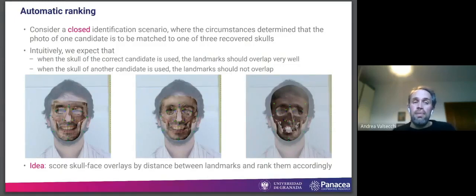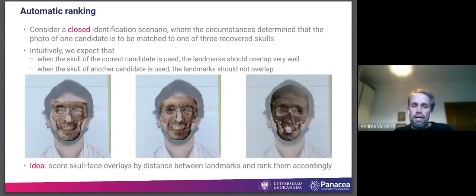So the intuition behind our method is that when we consider the correct skull, the skull of the candidate, the overlap between the landmarks of the skull and of the correct photo is going to be perfect or very good, right? Because there is some uncertainty due to the soft tissue, but we expect the overlap to be very good. On the other hand, when we are considering the wrong candidate, a different person, we expect the landmarks not to overlap as well, right?